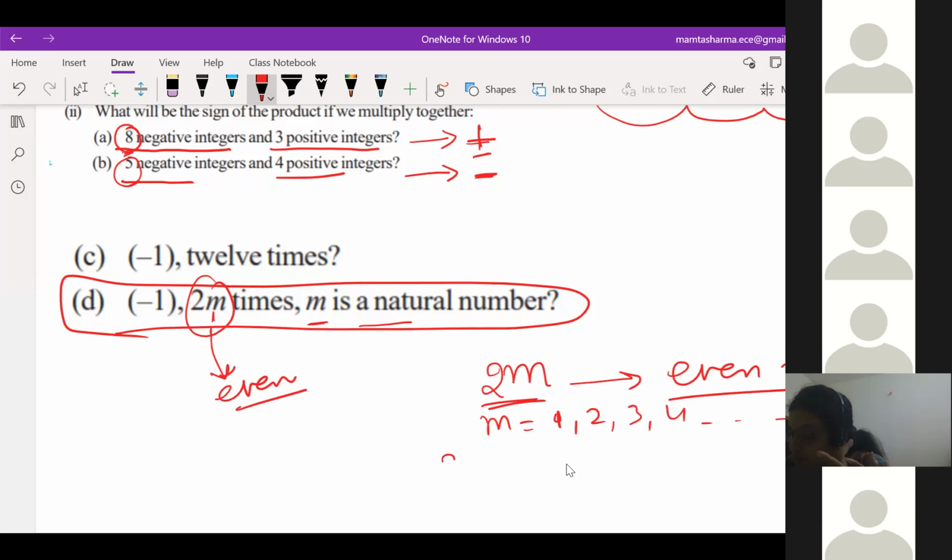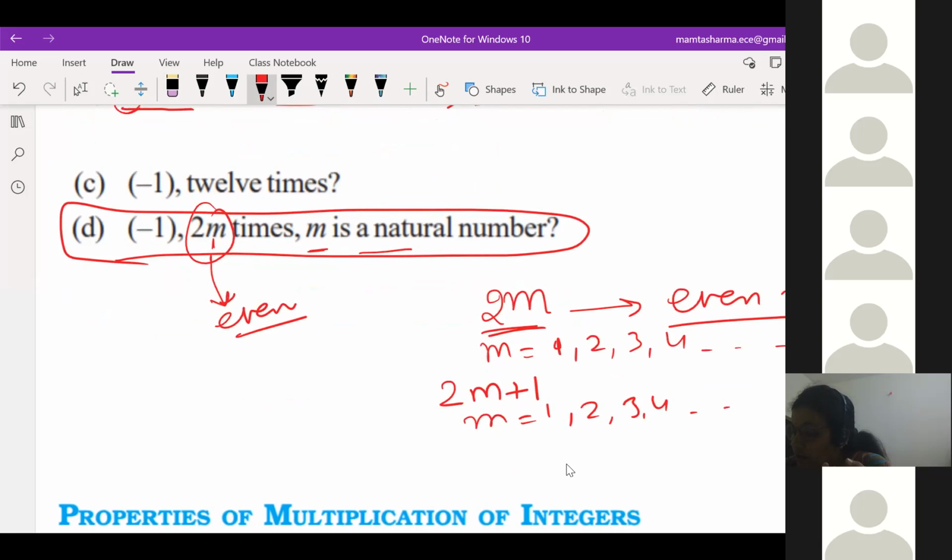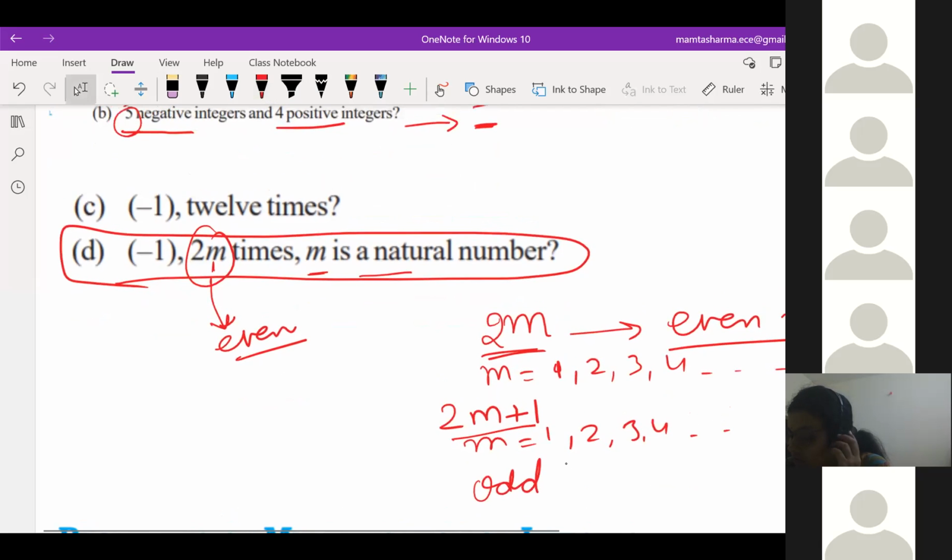Okay, and 2m plus 1, where m could be 1, 2, 3, 4. This 2m plus 1 will always be even or odd? Odd. Since 2m will be even, if we add 1 to this even number, this would be odd.